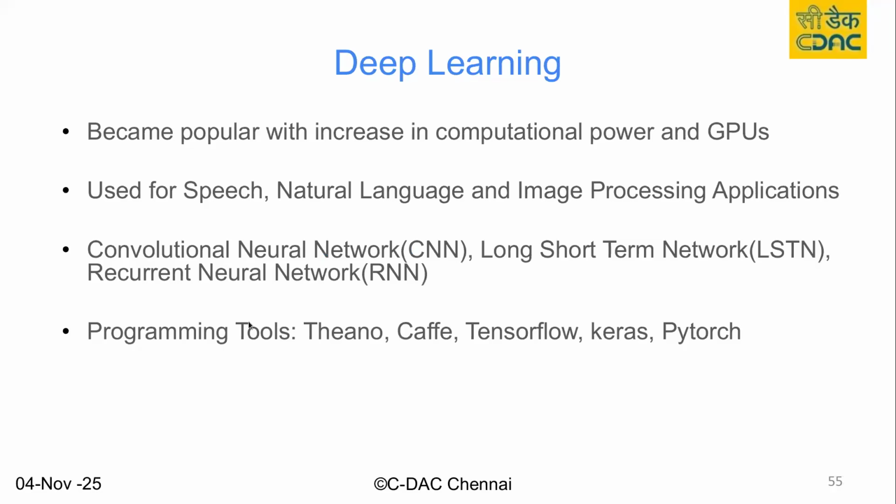So coming to deep learning, neural networks were there back in the 1960s itself, and they can be used for various classification problems to classify normal, abnormal, and so on.